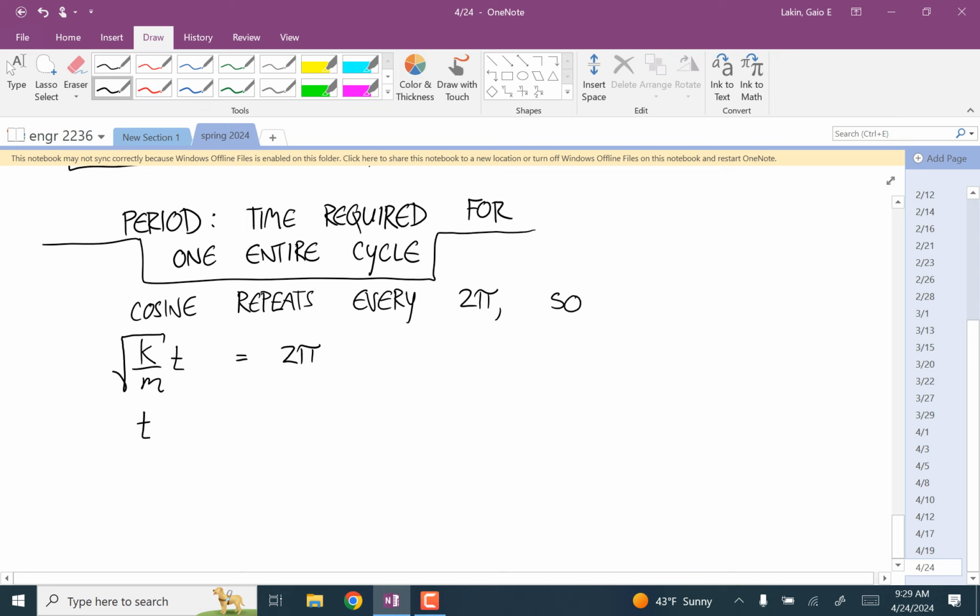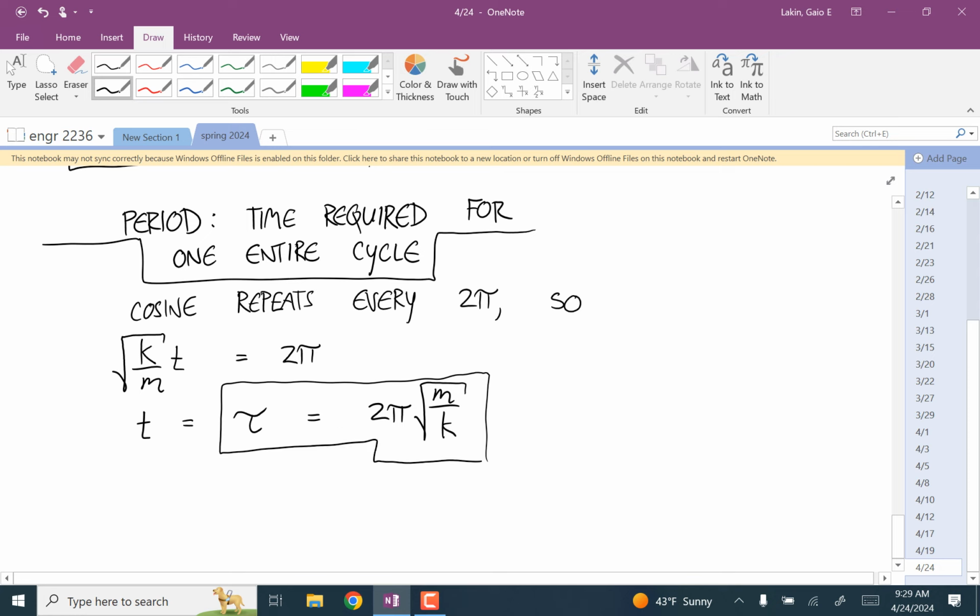So T, which we're going to call the period tau, that's just what people usually do, is equal to 2 pi times square root of m over k. Now, if something's oscillating faster, is the period bigger or smaller?